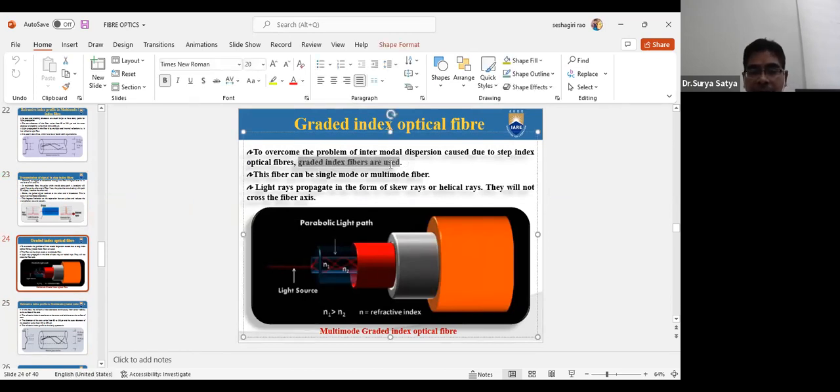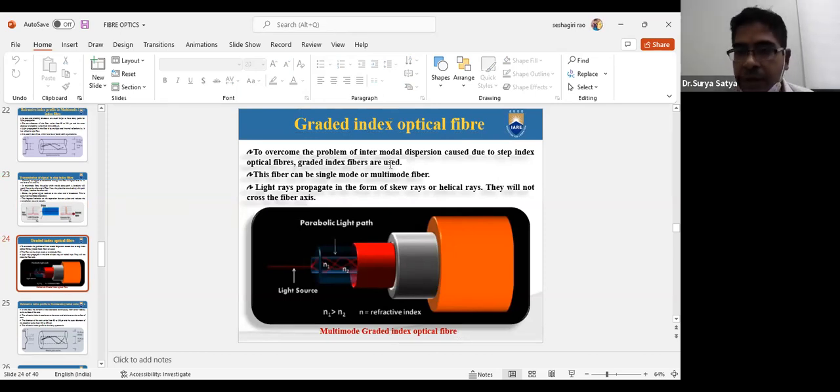So the reason behind the existence of graded index optical fiber is intermodal dispersion that existed in the step index fiber, which was overcome by introducing another type of fiber called graded index optical fiber. This fiber can be single mode or multimode.